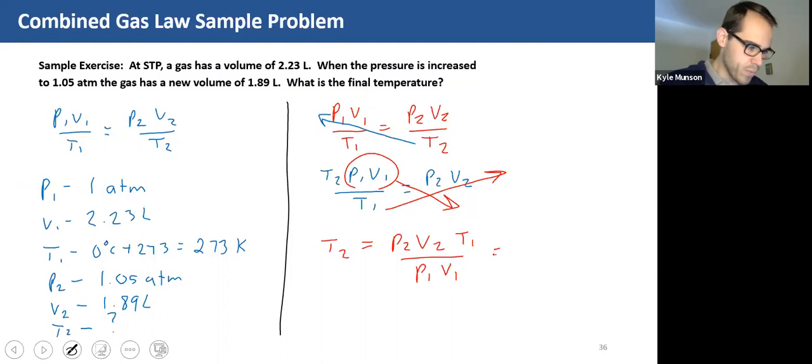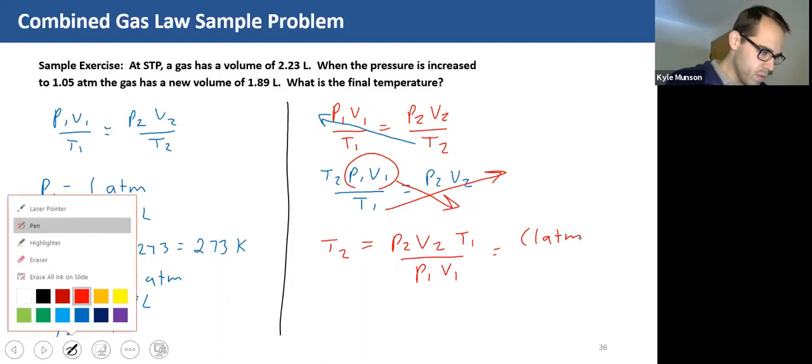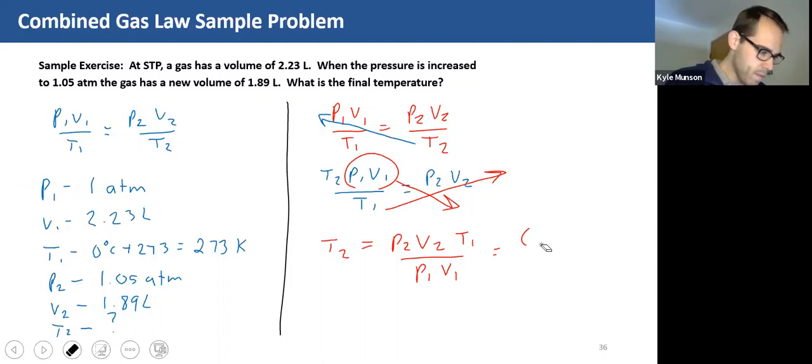So this is equal to 1.05 atmospheres. Okay, that's P2. 1.89 liters. Oh, I'm running out of room.